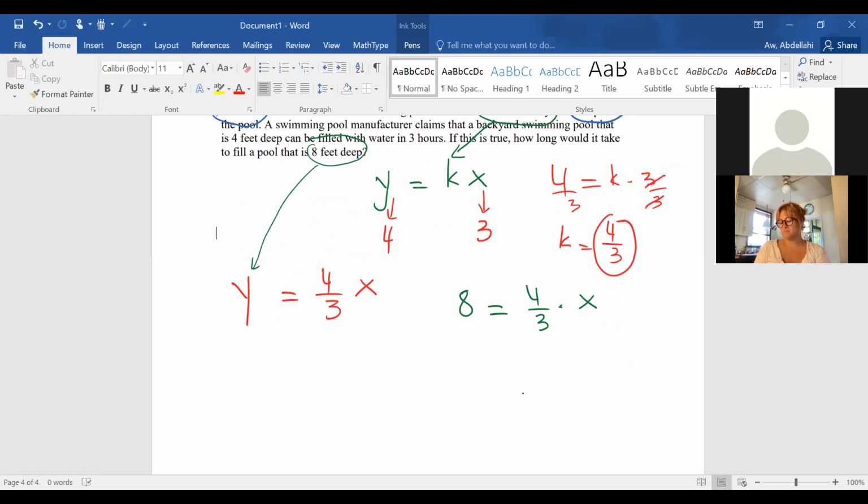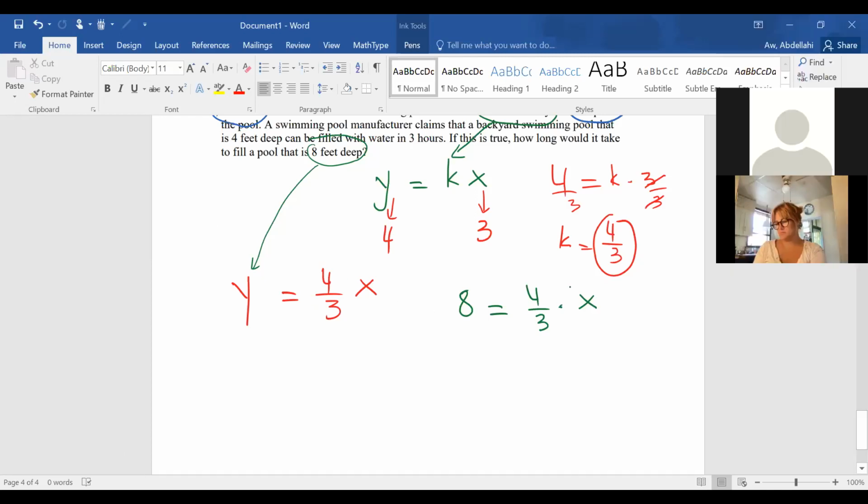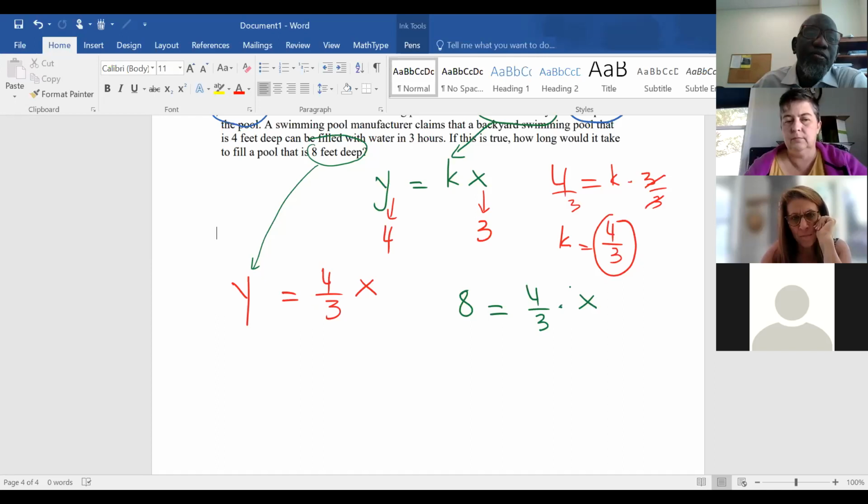What fraction will cancel the fraction 4/3? 3/4. Exactly, thank you very much. The reciprocal, 3/4.